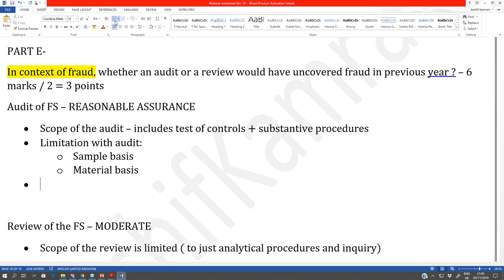And within the limitation, if the auditor identifies the fraud, then it is the auditor's responsibility. But we cannot say the auditor has the primary responsibility of detecting a fraud in audit. No, you need to understand there are limitations with audit, and within those limitations, the auditor cannot find fraud every time.